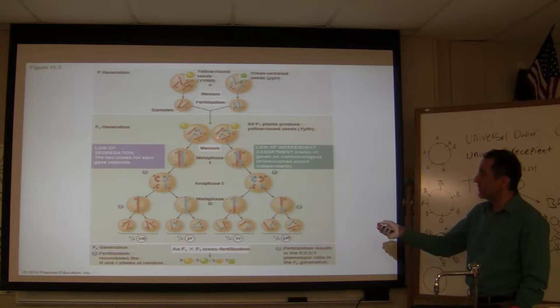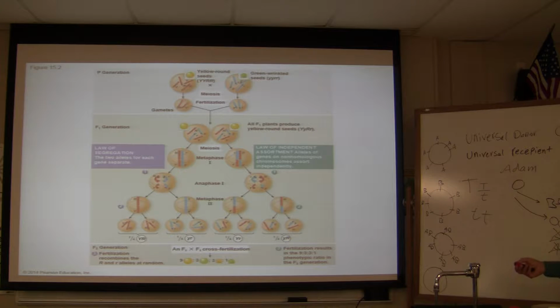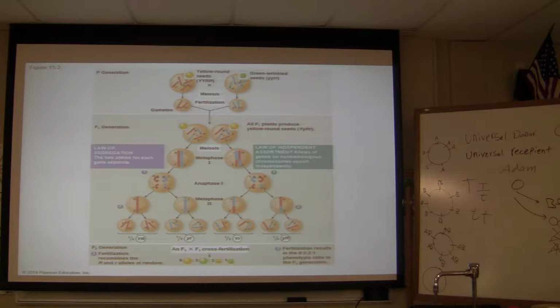This is what Mendel proposed, and these genes are making the plants. The ratio is 9 to 3 to 3 to what? I'm not going to go over that, but it's actually the orientation of the chromosomes, and the genes on the chromosomes make the plants: 9 of them round yellow, 3 of them round green, 3 of them wrinkled yellow, and 1 of them green wrinkled.